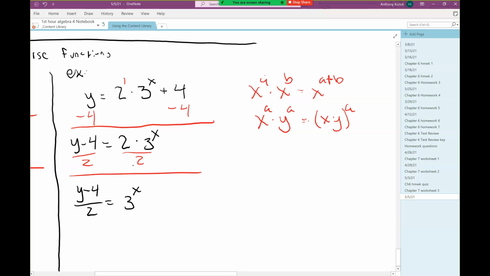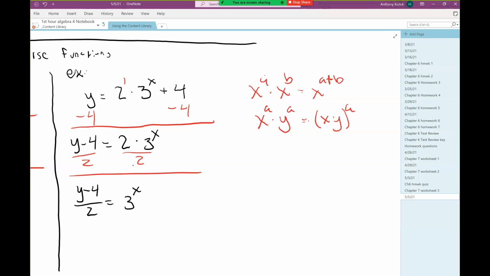What is going to cancel out that 3? Can I divide by 3? Is that going to cancel it out? Nope. Because it's not multiplication going on between the 3 and the x. But do you see that?